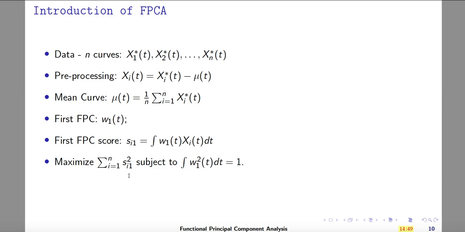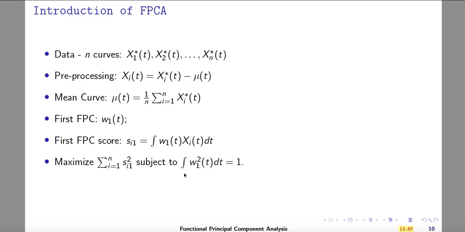As we mentioned, we can always multiply w_1(t) by 10, and this variance will become 100 times larger.